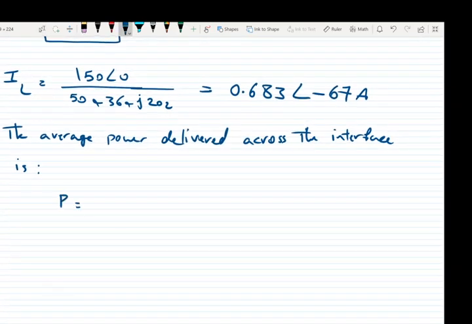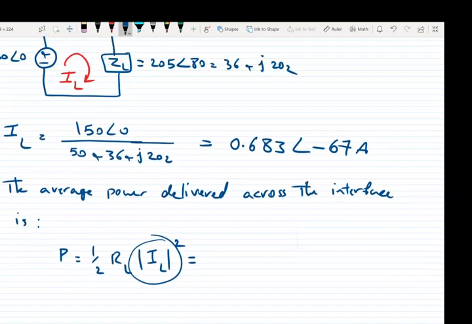P is equal to 1/2 of RL times the absolute value of IL squared, which is equal to... When we put anything in the absolute value, it means that if the number is complex, we only consider the amplitude of the number, not the phase.